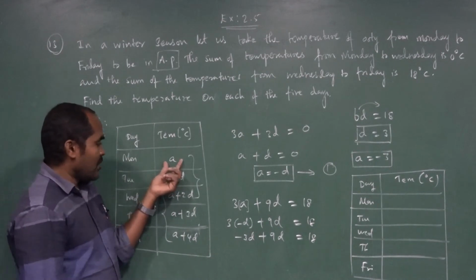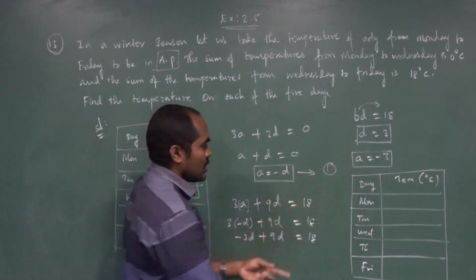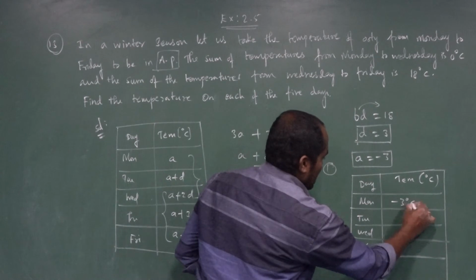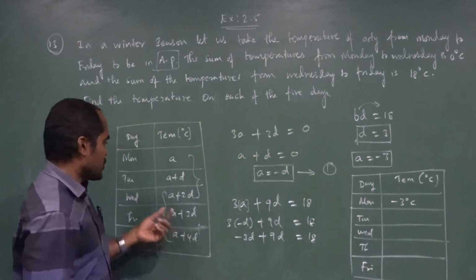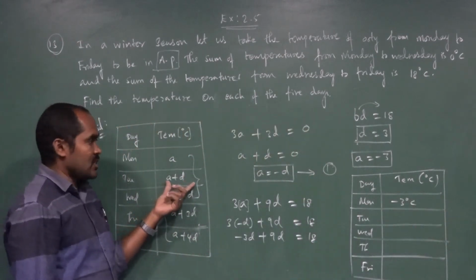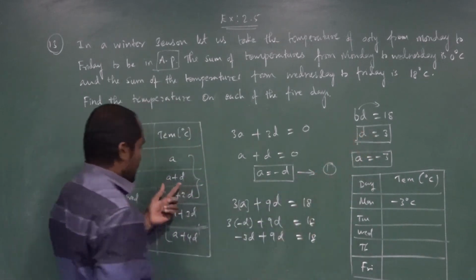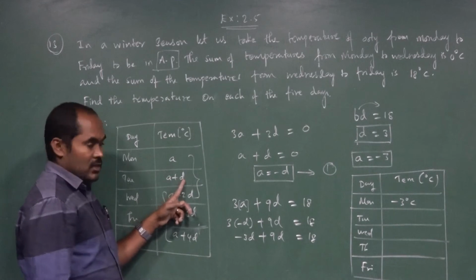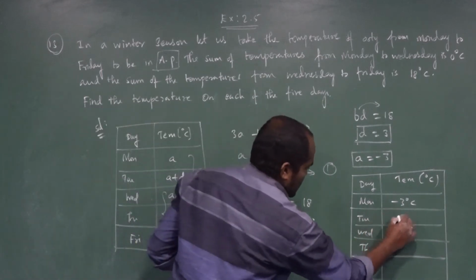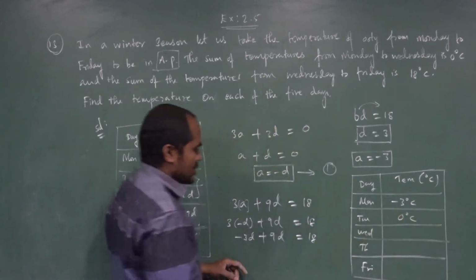A. So A value is minus 3, so this is minus 3 degree Celsius. Tuesday temperature is A plus D. A value minus 3, D value plus 3. So minus 3 plus 3 we get 0. So Tuesday temperature is 0 degree Celsius.